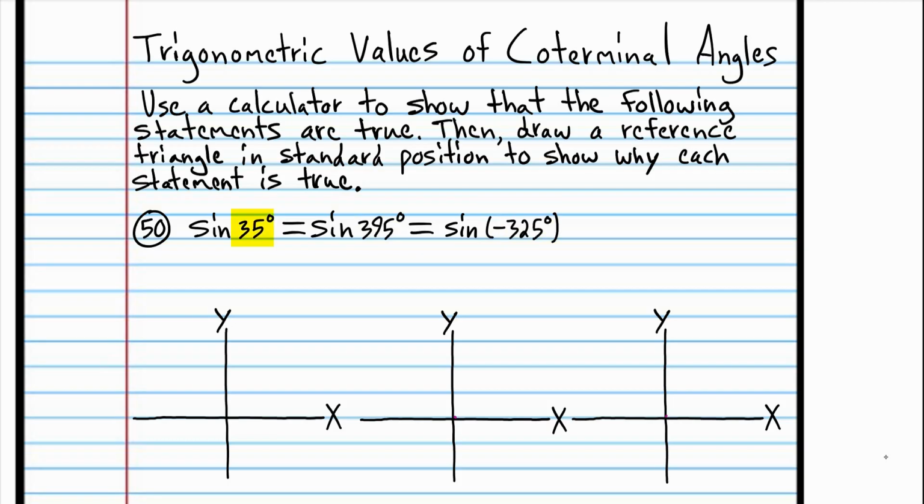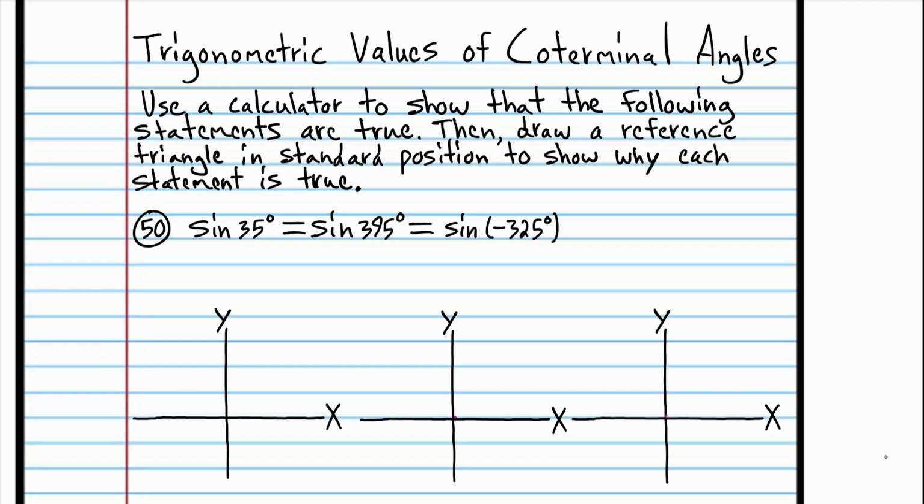So if this 35-degree angle is in quadrant 1, well, this angle is in quadrant 1 too, and it has the same reference angle. This angle is in quadrant 1, and it has the same reference angle. So because the coterminal angles have the same reference triangle, the same reference angle, they must have the same value of each trigonometric function.